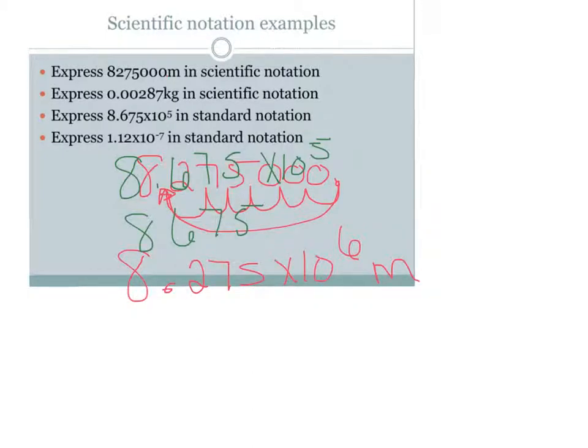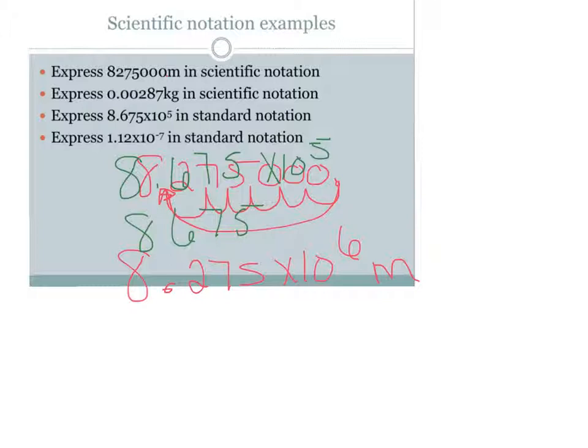Now let's look at a third example. This says express 8.675 times 10 to the 5th in standard notation, or the way we would normally write it. So first, I rewrote the problem, and then I wrote the numbers given without the decimal. Because we're working backwards and going from scientific notation to standard notation, now a positive number indicates that I move to the right.